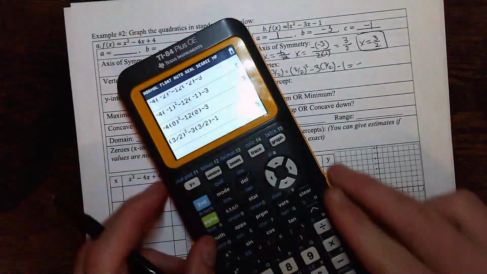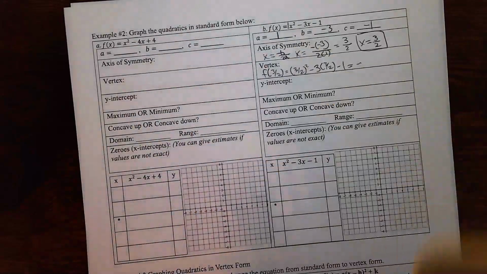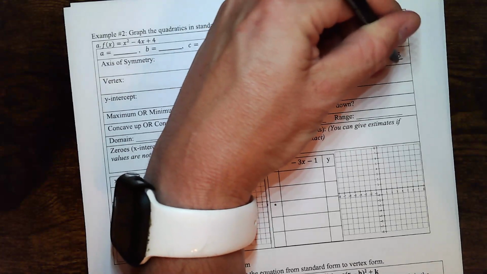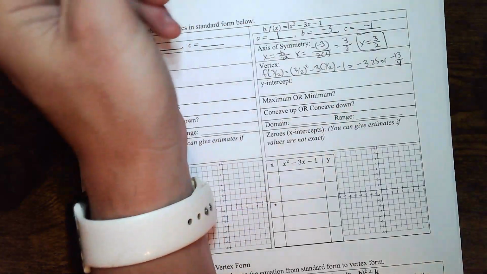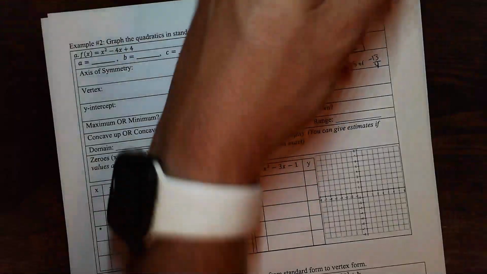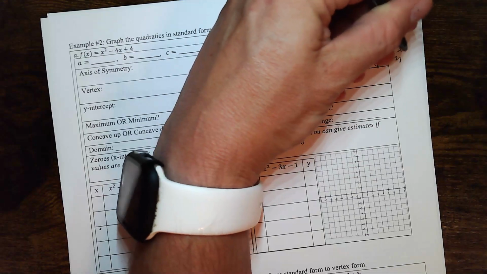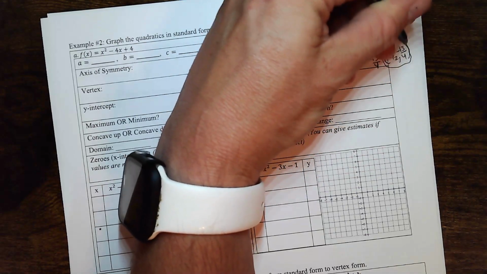Now I can convert that to a fraction. Math, enter, negative 13 fourths. Now that's my y. So my vertex itself is going to be, my point's going to be 3 halves, comma, negative 13 fourths.